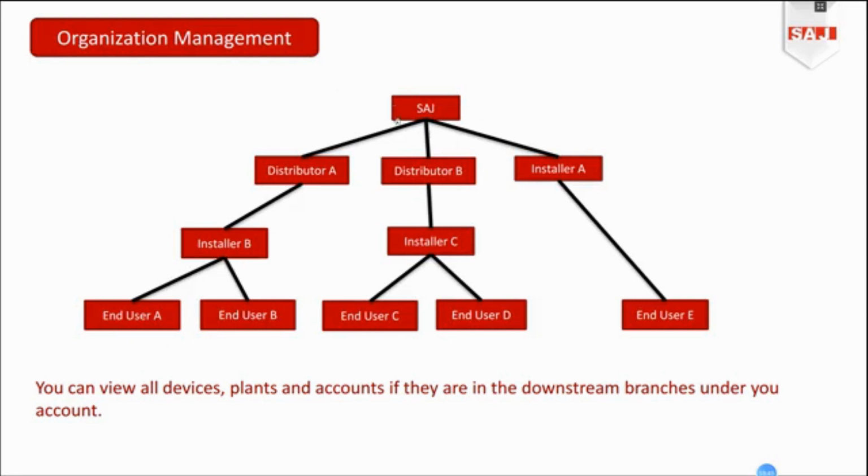Start from SAJ, and then we have our direct customers like distributor A, distributor B, installer A. So when you are purchasing the inverters directly from SAJ, you will get a company account from us. After you get this account, you can have all the inverters we sold to you in your account.